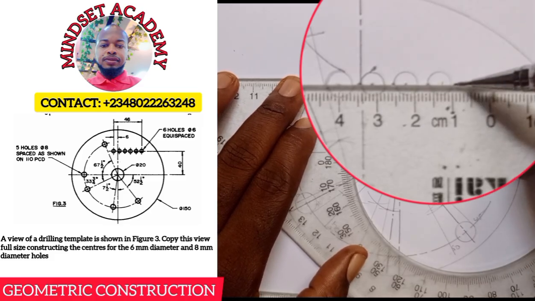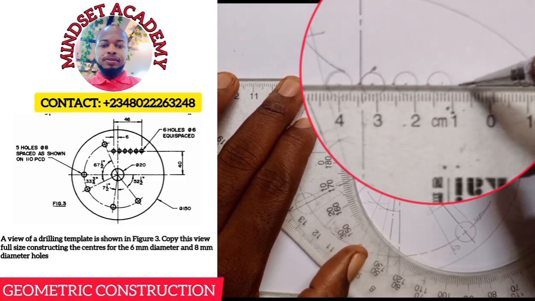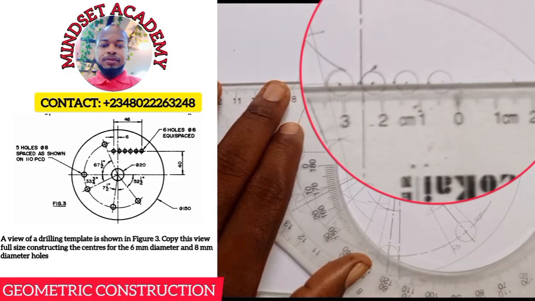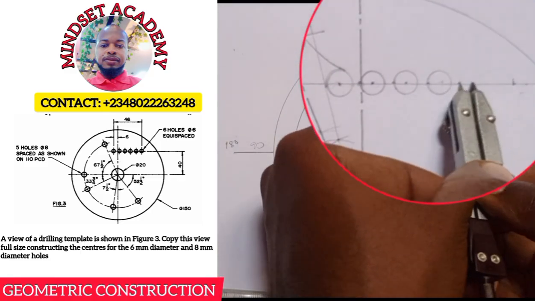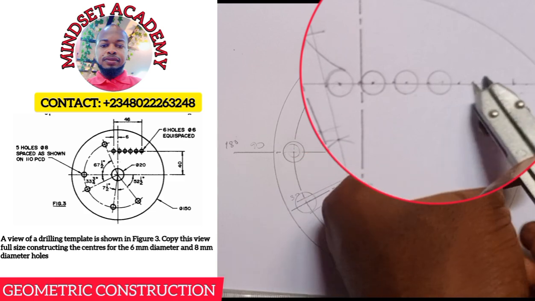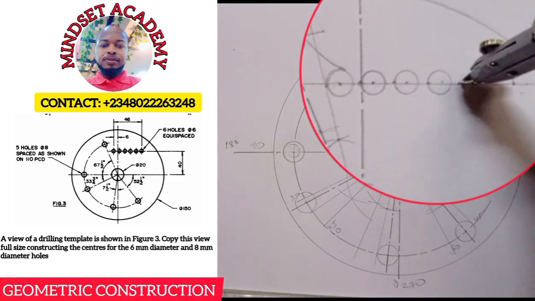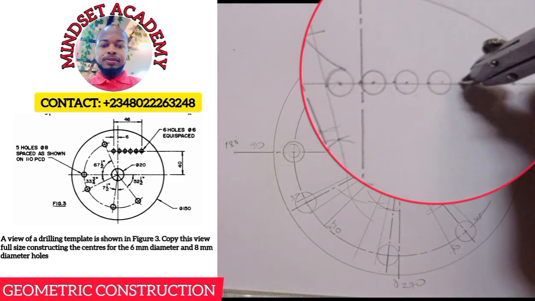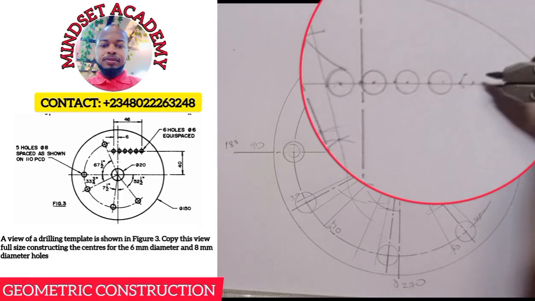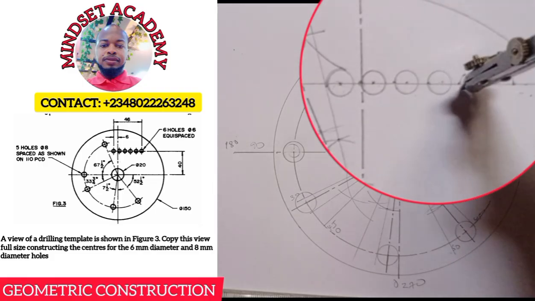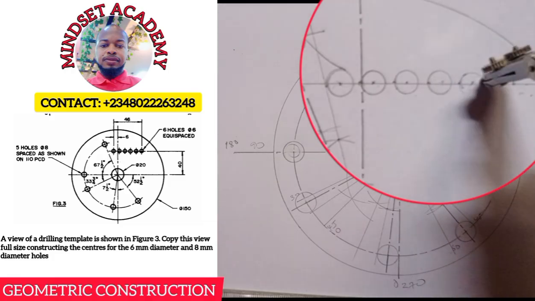This is 1 here. This is 2 millimeter. So from that 2, I'll come again, place my compass there, and mark to get the center. Come to the center, and I'll draw another circle. The circle is very small, so you have to be very careful.